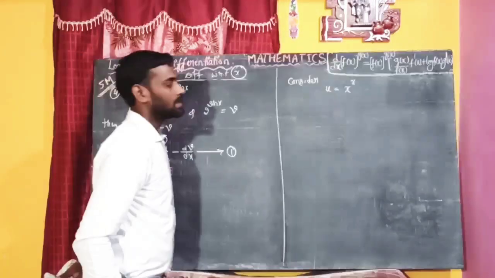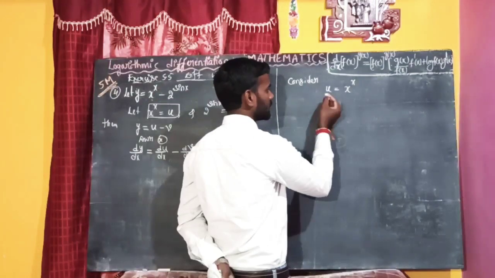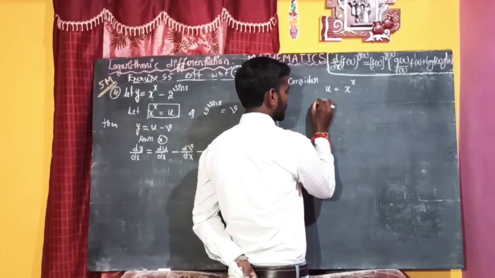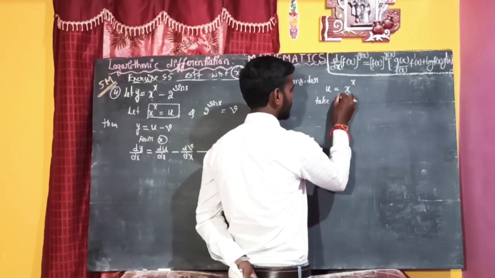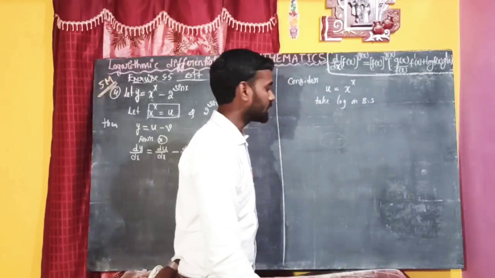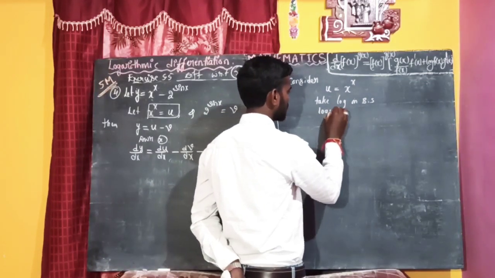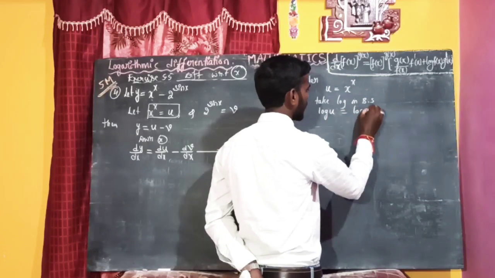Now by using logarithmic differentiation, take log on both sides. Log u is equal to log x power x.